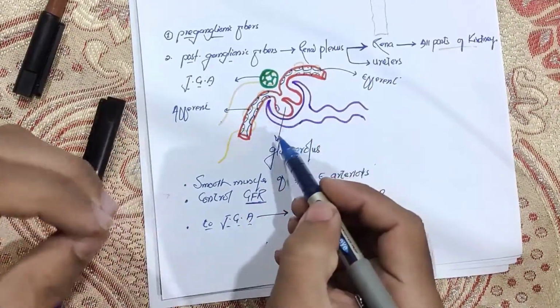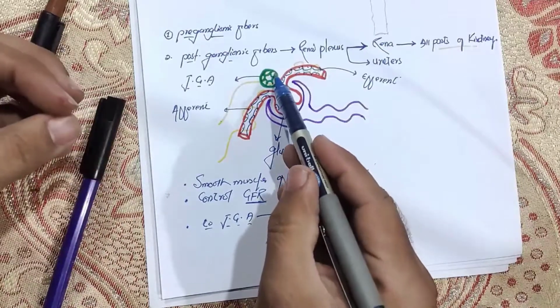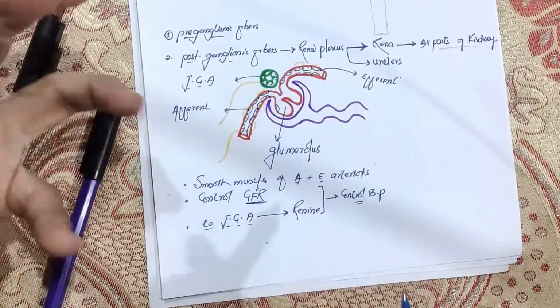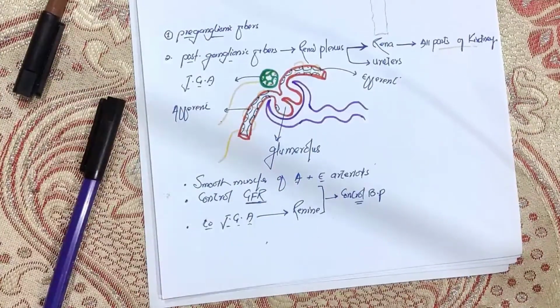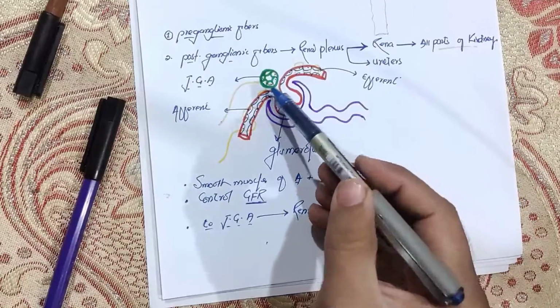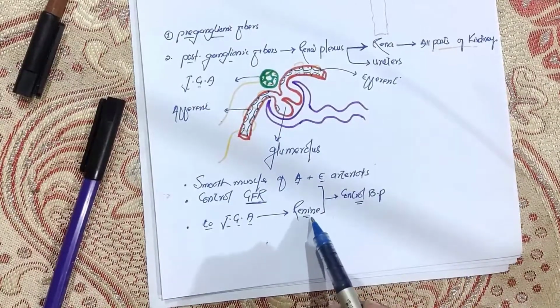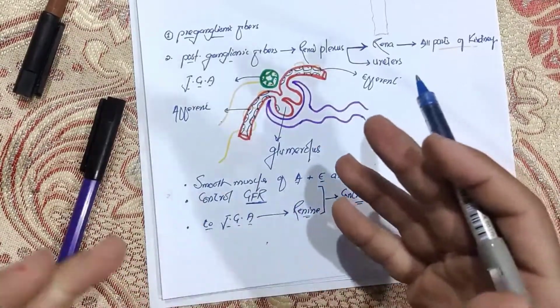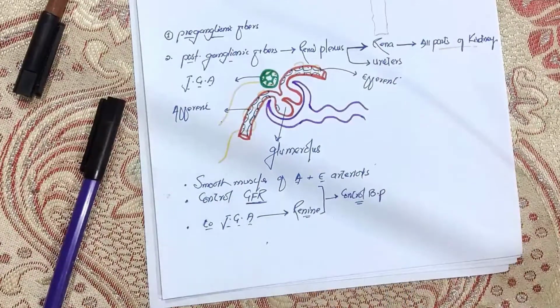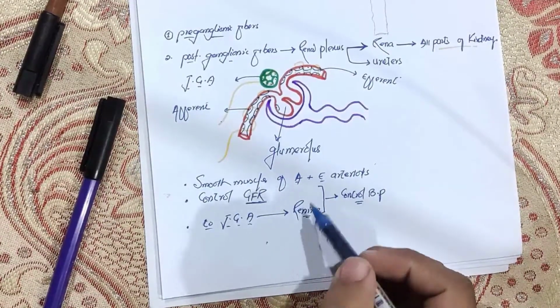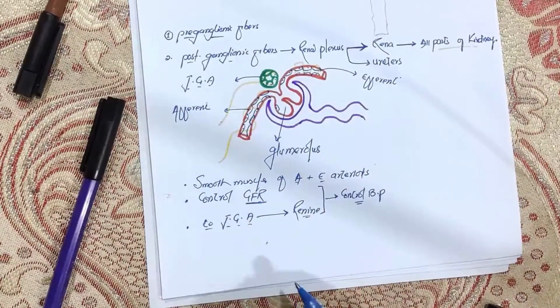These cells will release renin hormone whenever there is low BP. So renin will be released, and renin will control your blood pressure. And the mode of action of renin, I hope you will already know all the functions of renin hormone. Okay friends, next important thing, what happens next?